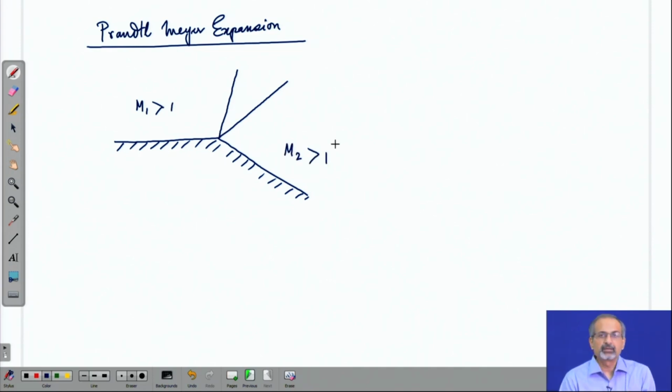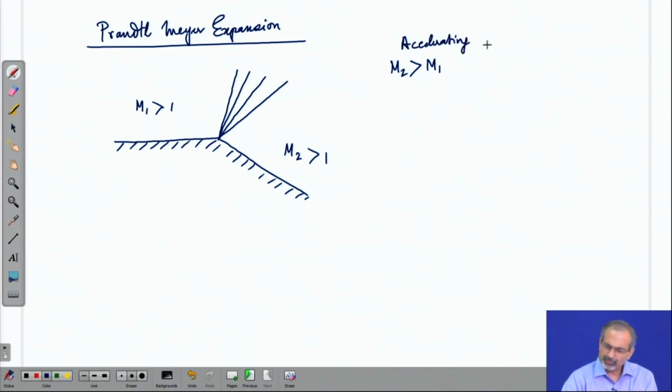Of course, both the Mach numbers in the two regions before and after the expansion are supersonic, but since it is expanding, it is accelerating. Also, if you look at pressure, it is reducing, temperature is reducing, density is reducing.